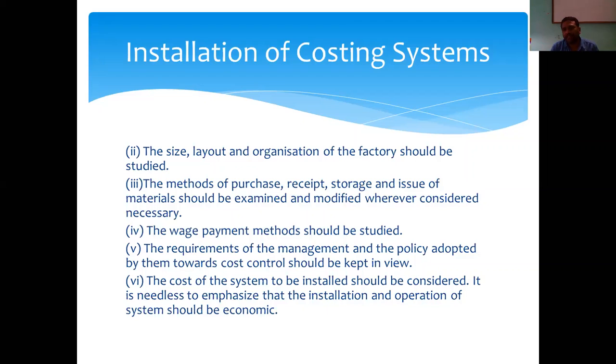By using methods like FIFO and LIFO, first in first out, last in first out, weighted average, simple average, HIFO and NIFO, highest in first out, next in first out. There are various techniques we are going to learn, and such methods and procedures for issue of materials have to be modified wherever required, as per the requirement.